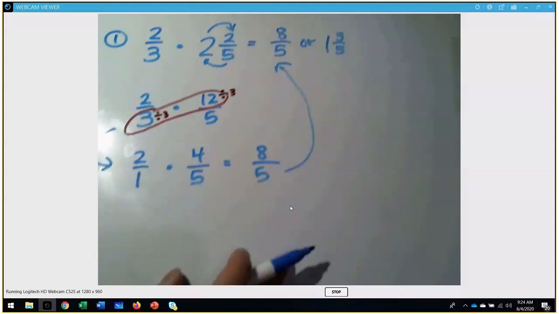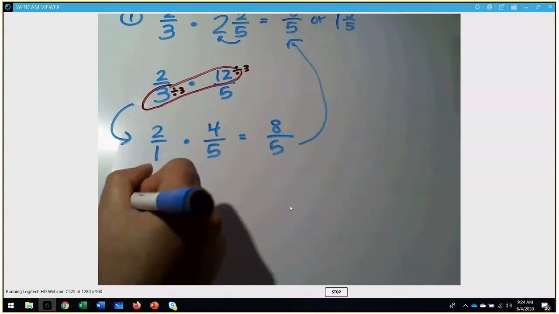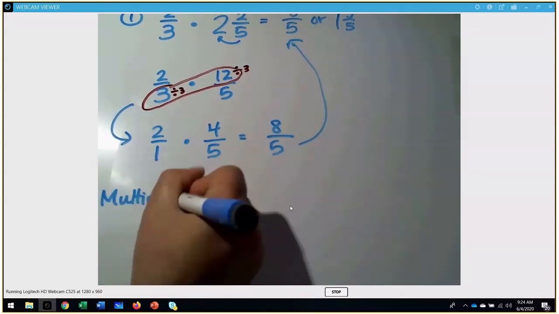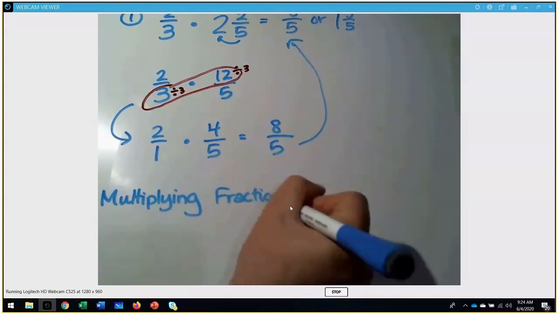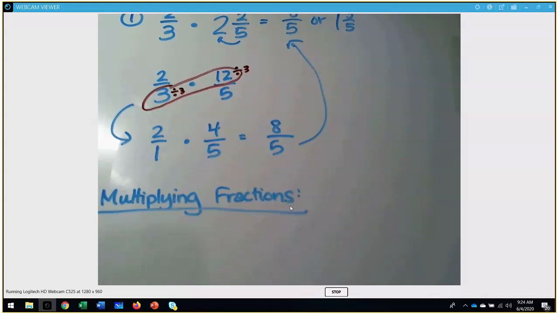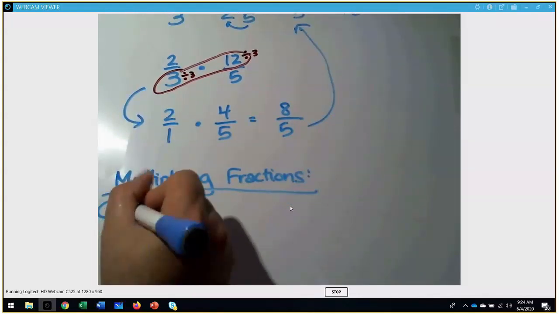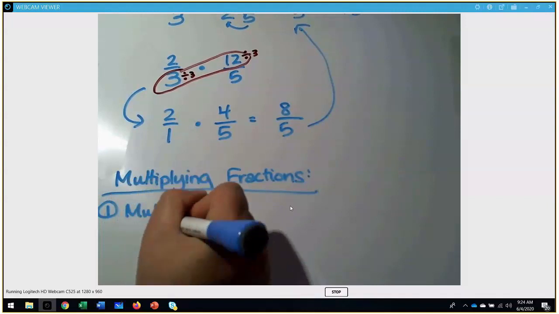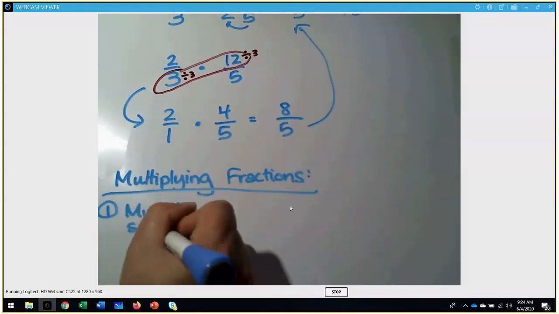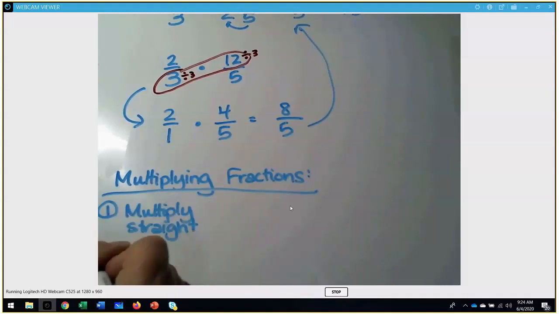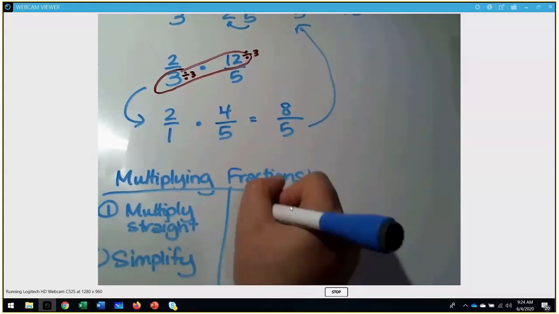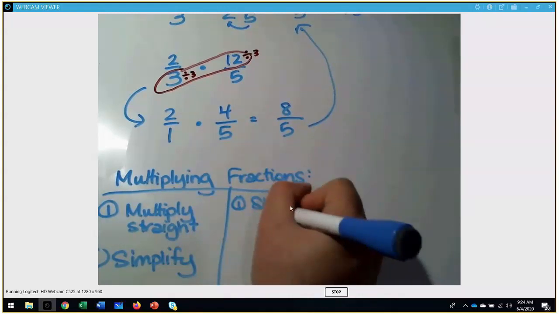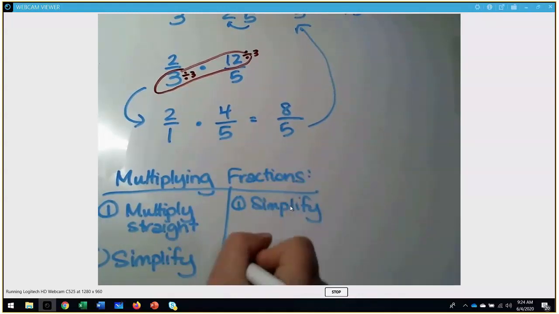So let me try to sum this up. When you're multiplying, this is the only time you can do it. Can't do it with anything else. Can't do it when you divide or add or subtract. When you're multiplying fractions, you have 2 options. You multiply straight across, or you simplify and then multiply straight across.